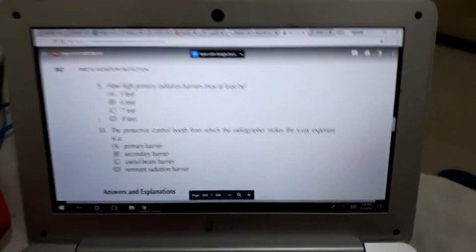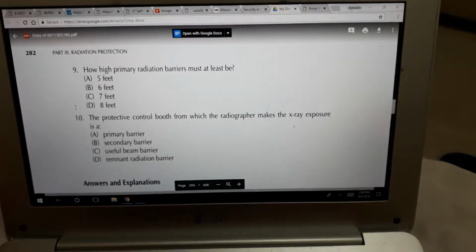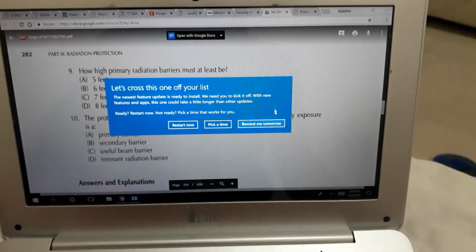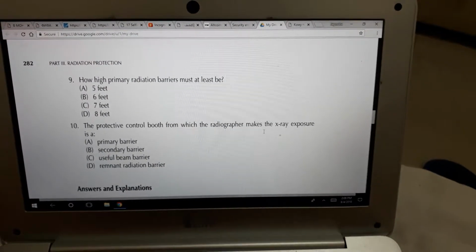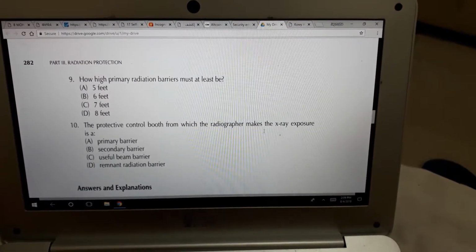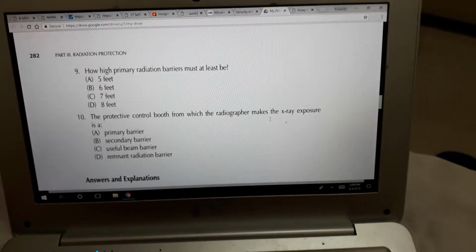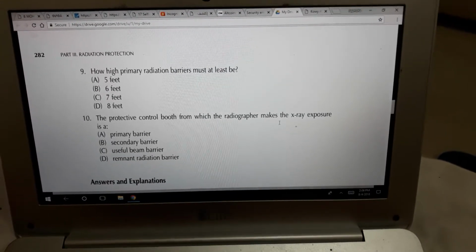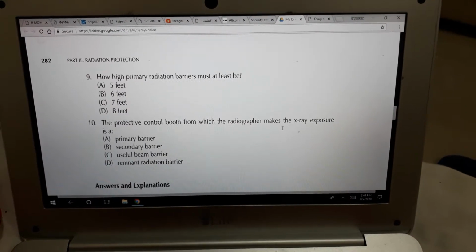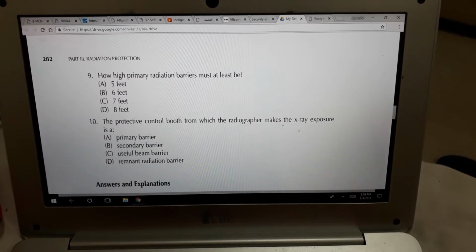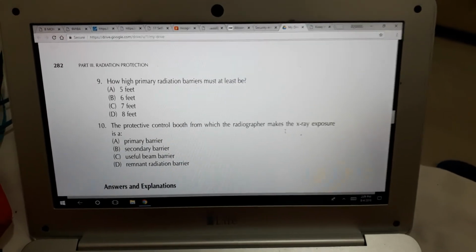The answer is D for this question. Question number 9: the height should be 7 feet. The protective control booth from which the radiographer makes the X-ray exposure is a secondary barrier. The answer is B. Thank you.